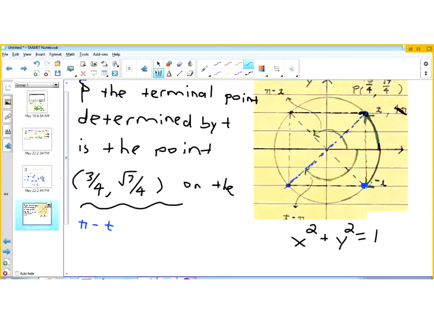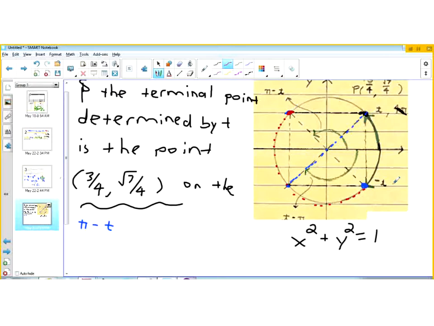We start at negative t, and then we walk a distance equal to 1/2 the unit circle, and we end up at this point right here. So start at negative t and walk a distance equivalent to 1/2 the length of the unit circle, which is pi. So this would be pi minus t. The challenge is to calculate the coordinates of this terminal point right here.